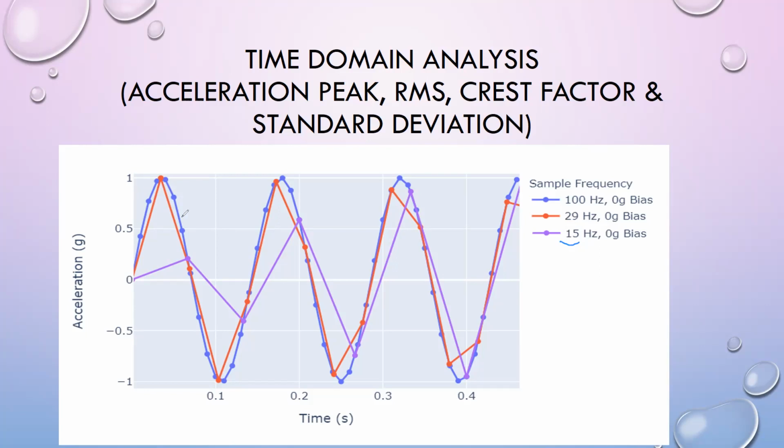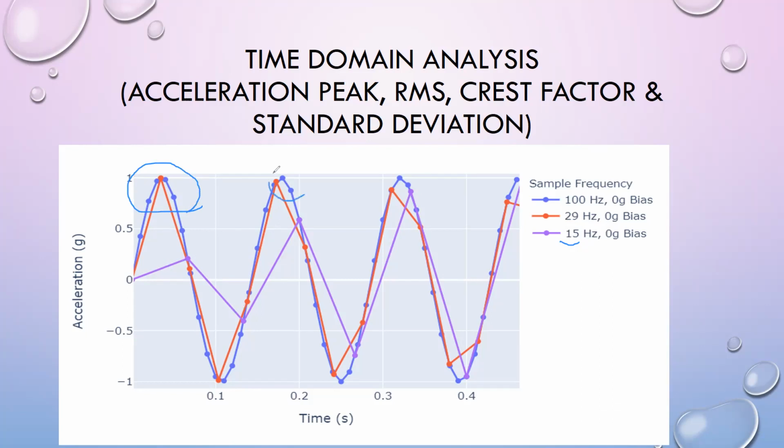So if you compare, you can see, for example, for the frequency 15 hertz, before 0.2 seconds, we missed a lot of data. Here you can see, for example, we missed this data when we use the 15 hertz sample frequency.